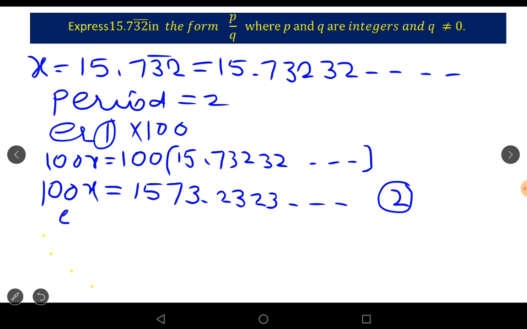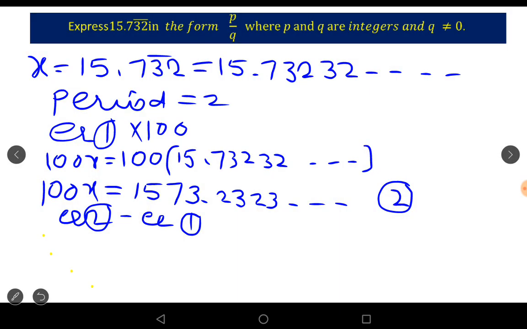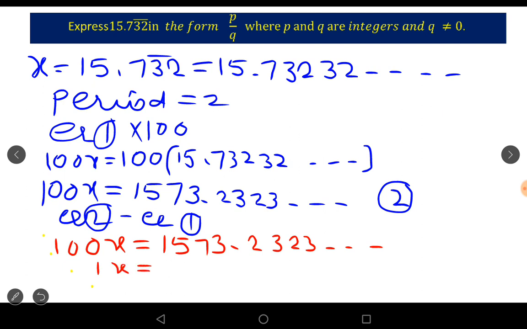Same, equation 2 minus equation 1. So 100x equal to 1573.2323, so on. 1x equal to 15.73232, so on.